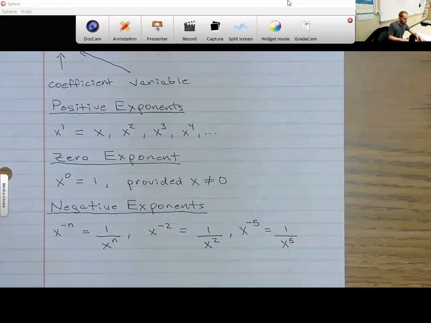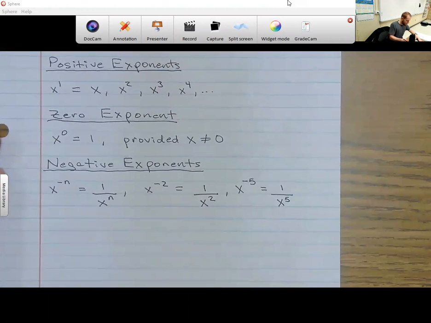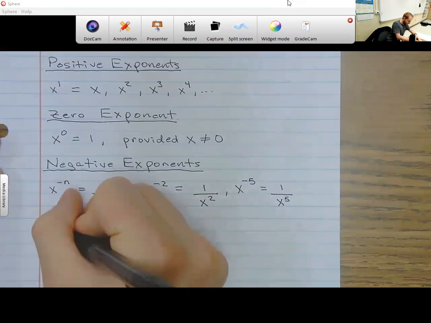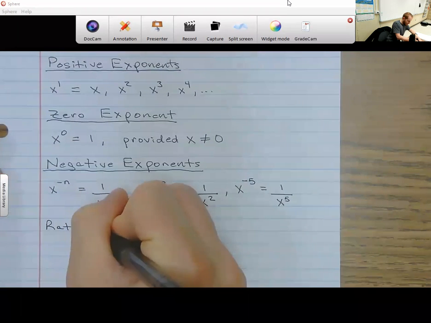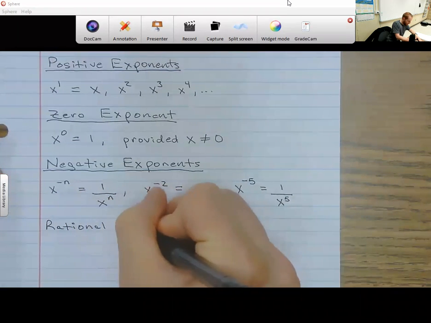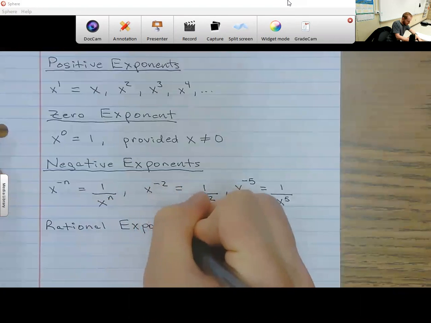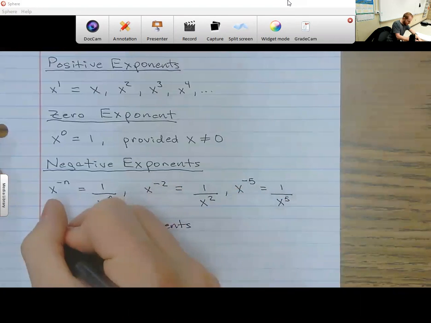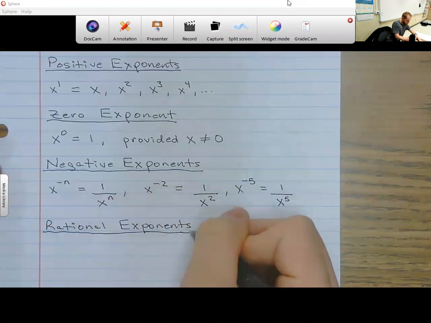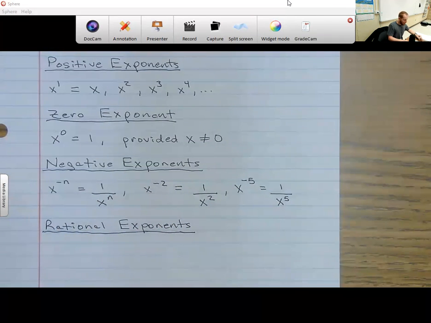So now let's talk about what happens when your exponent is a fraction. Okay? These are going to be called the rational exponents. All right, for the rational exponents, the first thing I want to say is, what does rational mean?